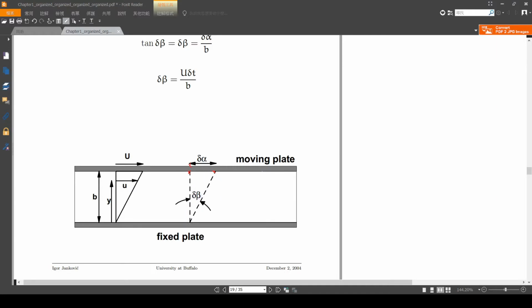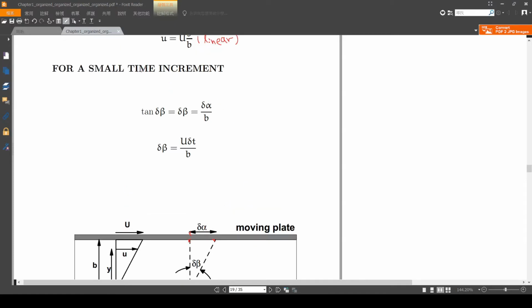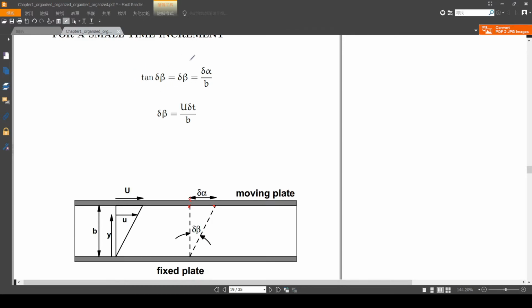Because the time increment is very small, we have the mathematical relation: tangent of delta beta is approximately delta beta, and equal to the basic definition of the tangent. So we get this relationship.